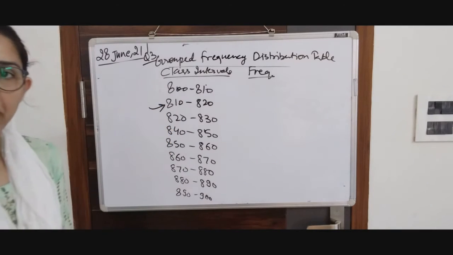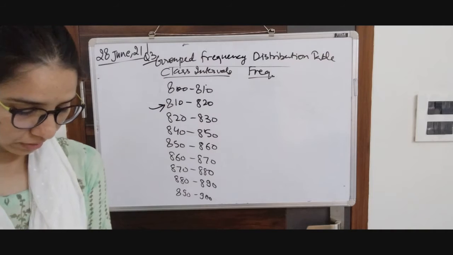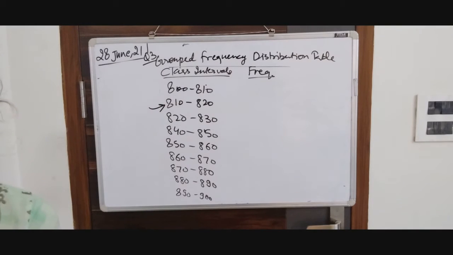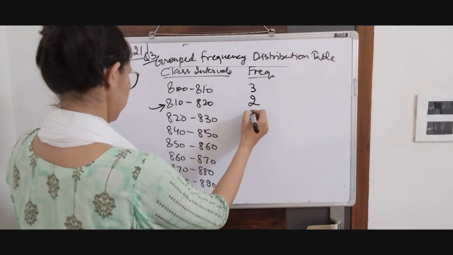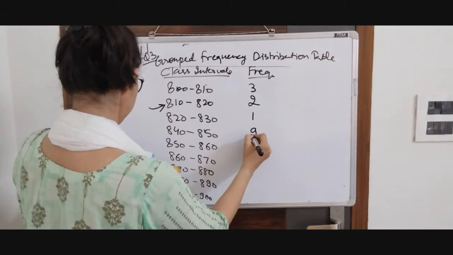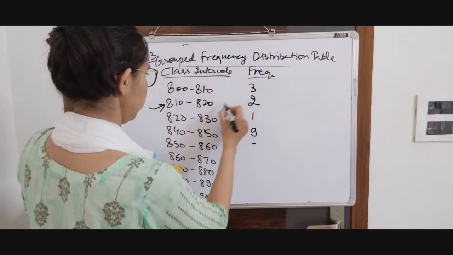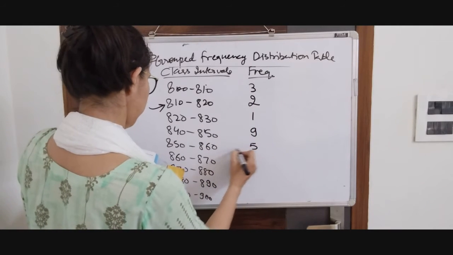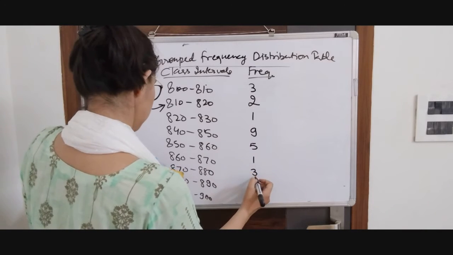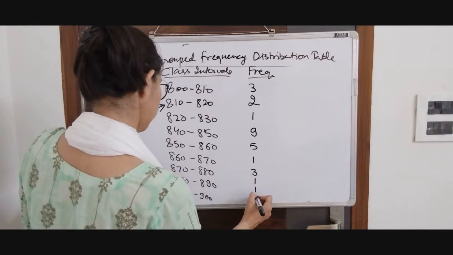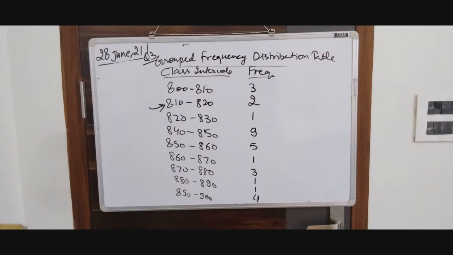So we will count them, and it will come out to be 3, 2, 1, then 9, then 5, then 1, 3, 1, 1 and 4. Total, we have 30 workers.